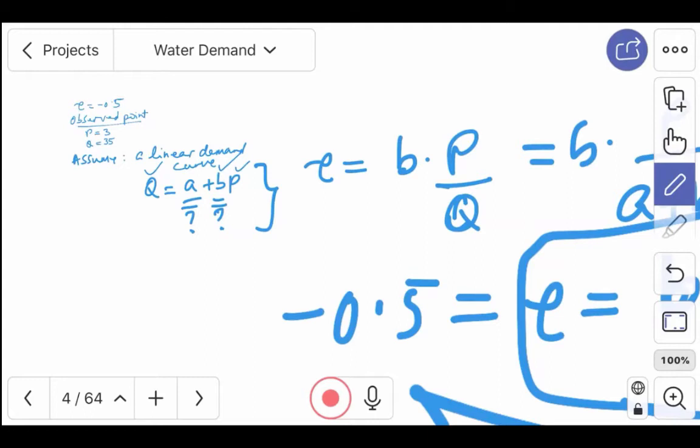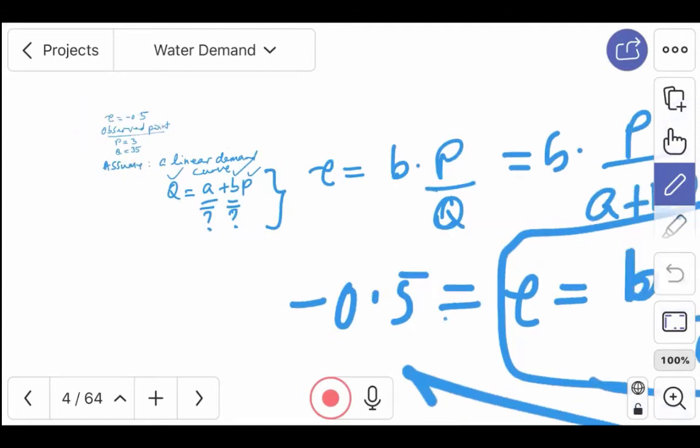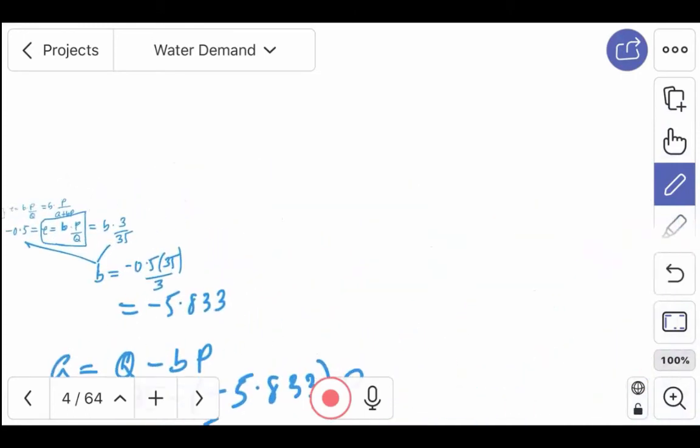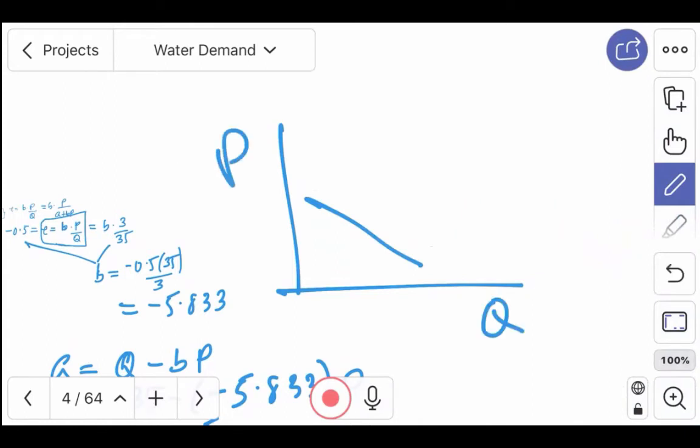So what that means is I could rely on elasticity estimates from other places as a starting point. So the demand curves could be very different. So if this is Perth, which is a smaller city compared to New York or Sydney, which could be out here, these look different, but the elasticity values might be similar.